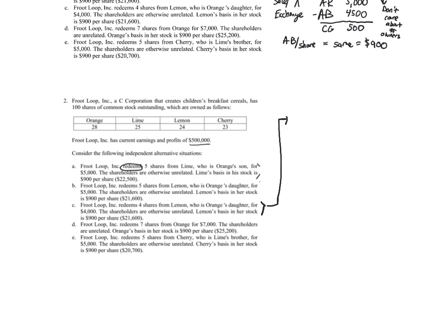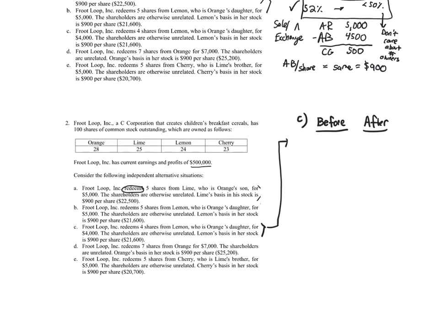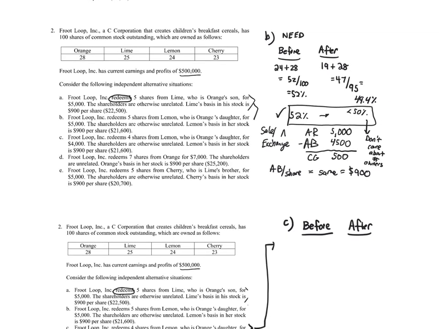It's sloppy. So before, we can just look up what happened above. It was 52%. That didn't change. This is still a similar problem. The only difference is that we go from 5 shares being redeemed to 4.